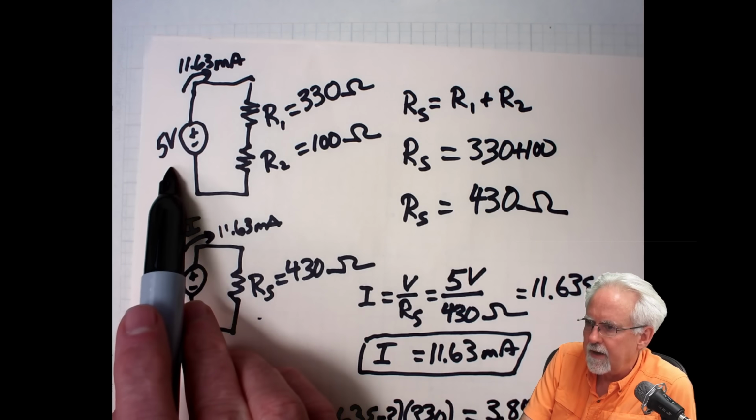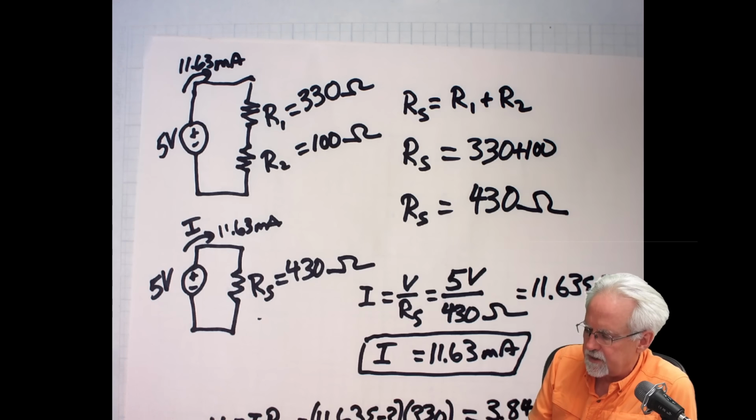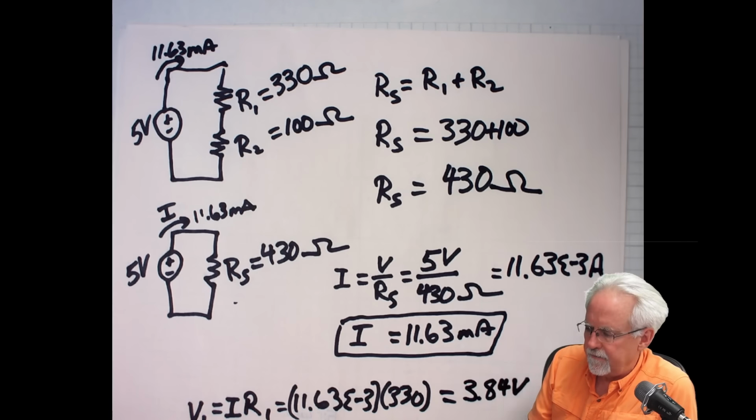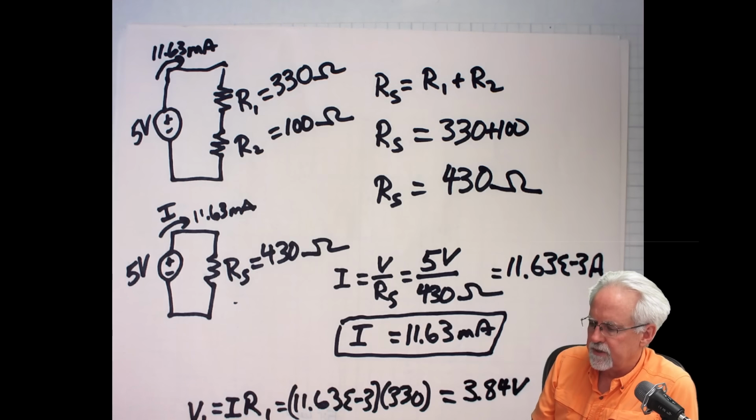Okay, so if you look at this, I started with 5, I got 11.63 milliamps, and of that 5 volts, 3.84 volts dropped across the 330 ohm resistor.